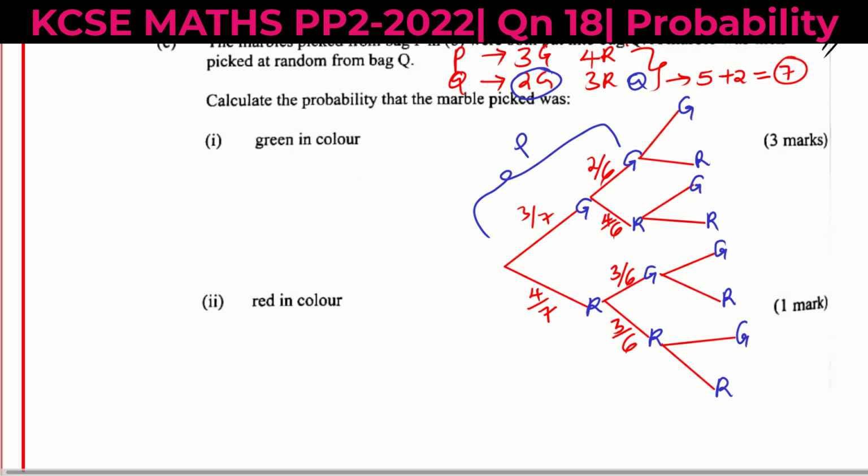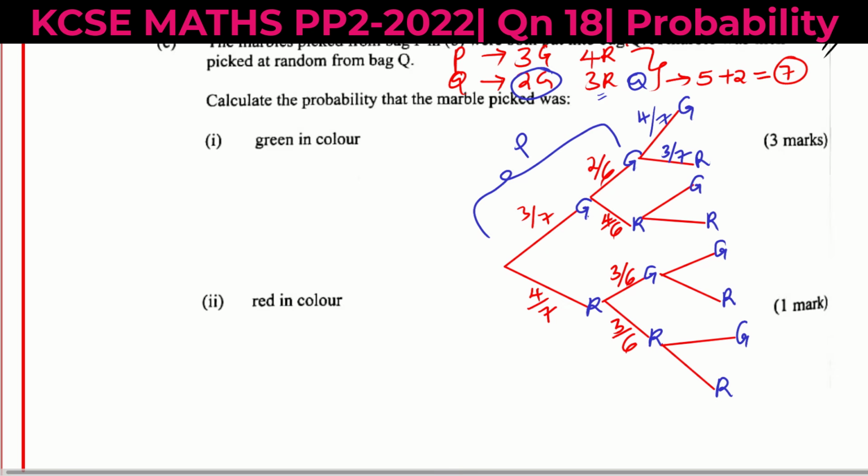So the probability of picking a green will now be 4 divided by the total. The total will not change, 7 marbles. Then for red, you bring the 2 greens into bag Q, so the reds will still remain 3. There are 3 in bag Q, so it will be 3 divided by 7.